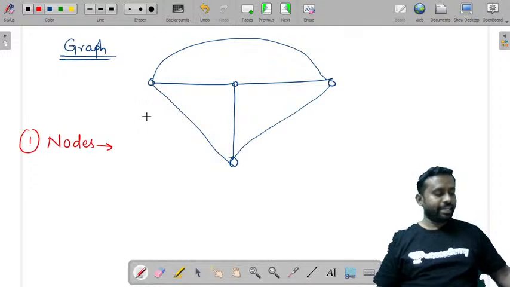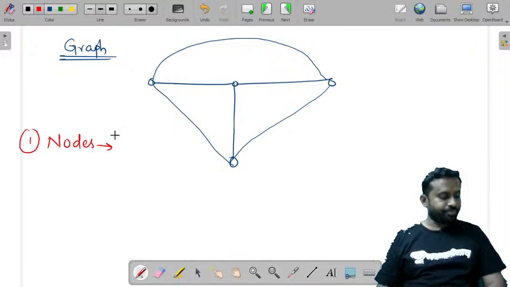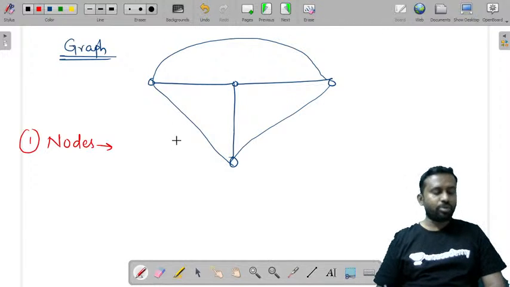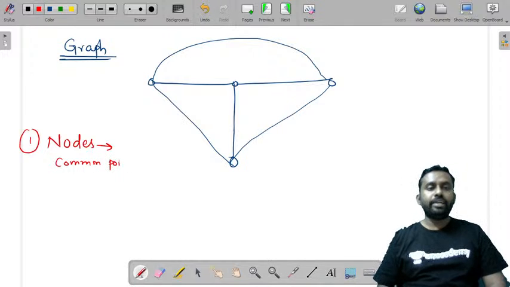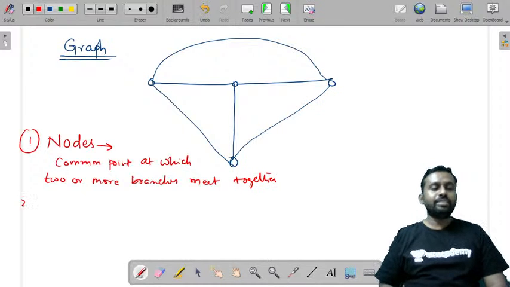A node is a common point at which two or more branches meet together. What is a branch?